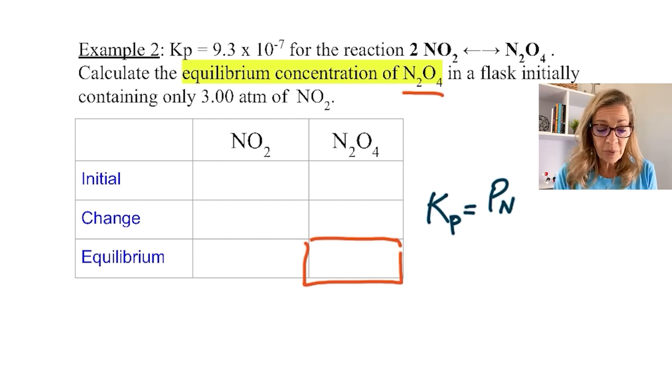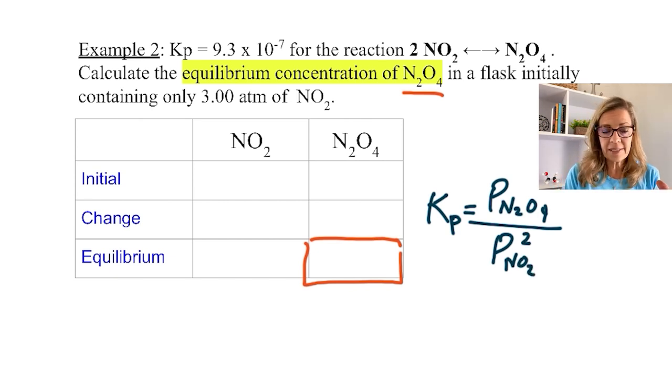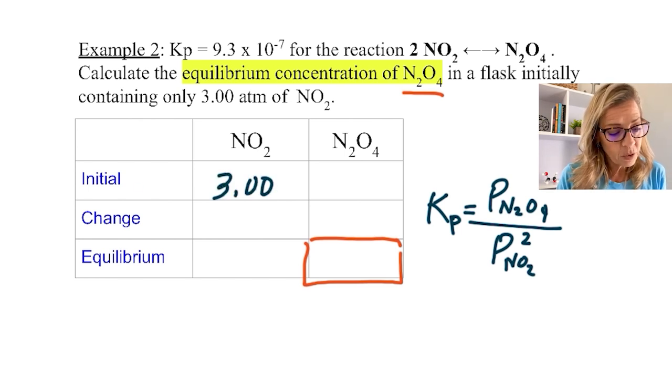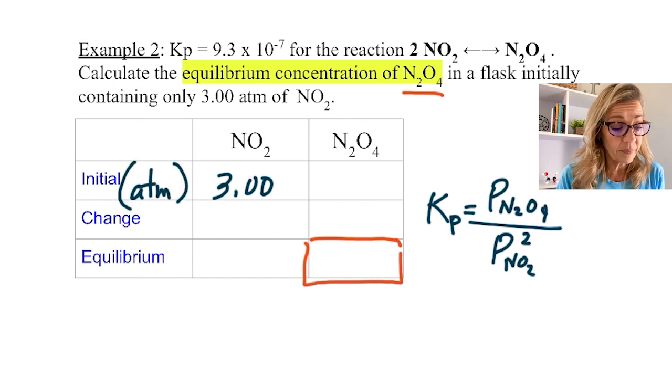It's the partial pressure of N2O4 over the partial pressure of NO2 squared. It looks just like a Kc, but we're using partial pressures. Initially, we only have atmospheres of NO2. So I've got 3, and I'm going to put my unit over here, atmospheres. So I want to stay in pressure units. And I have none of that.